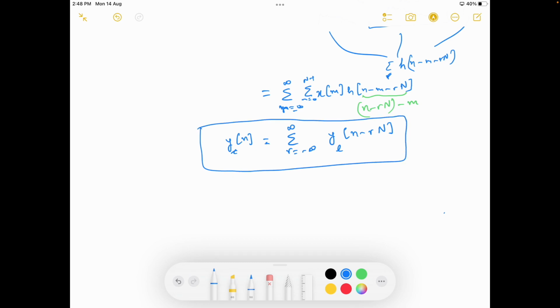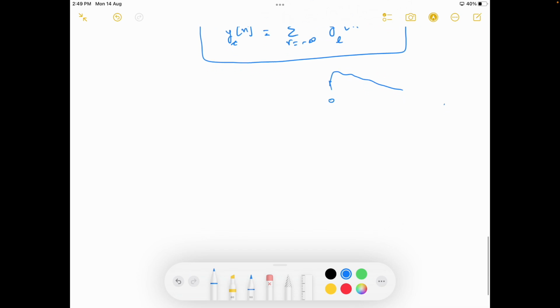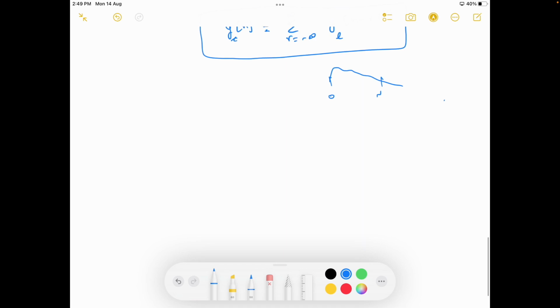My circular convolution is basically you take the linear convolution and take its copies after every n window, right? Let's say my linear convolution was something like this. Then let's say this is 0, this is some n. This was my y_l of n, and my y_c of n will become copies of this at 0, n, 2n.